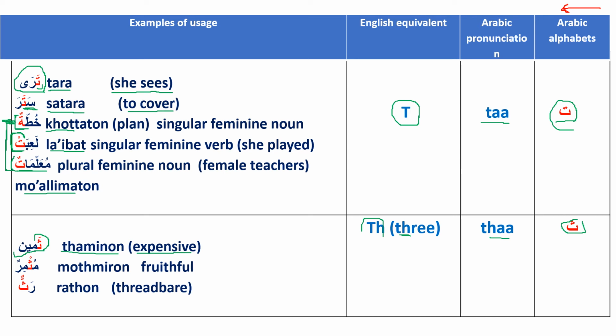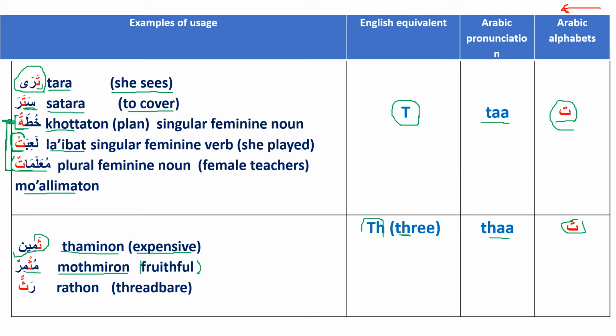Now let's see when it comes in the middle. The word is مثمر, which means fruitful. So the same as we saw with ta, tha also must be attached to the letter that precedes it and the letter which comes after it.